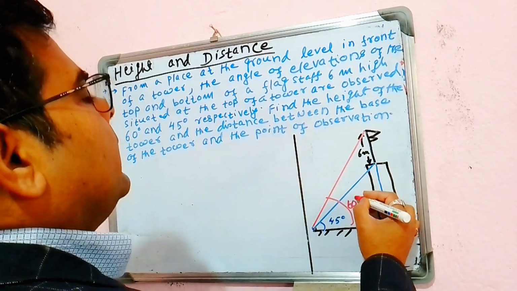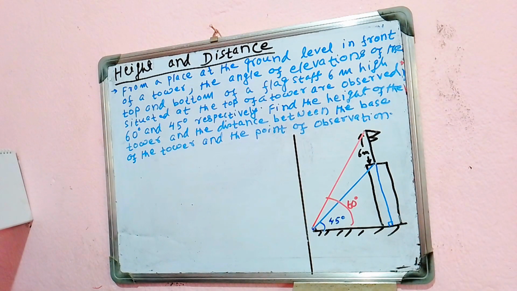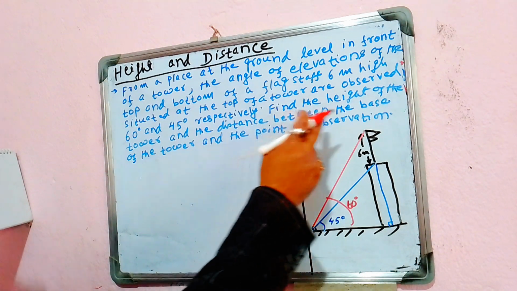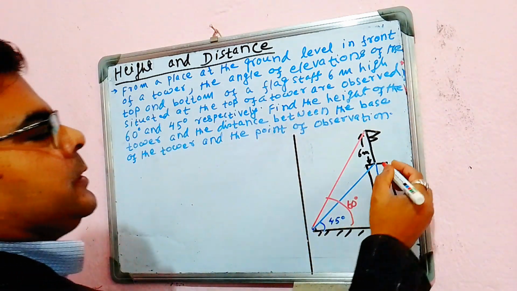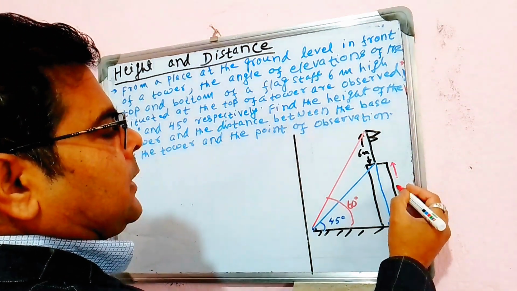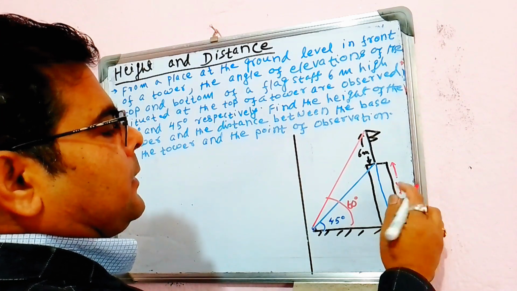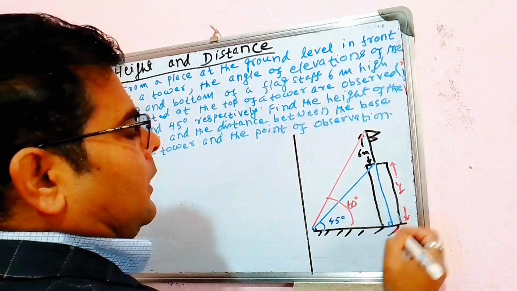Now what it is asking is to find the height of the tower. Call the height of the tower y.